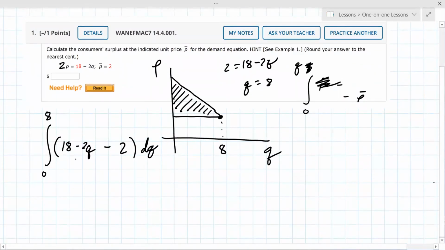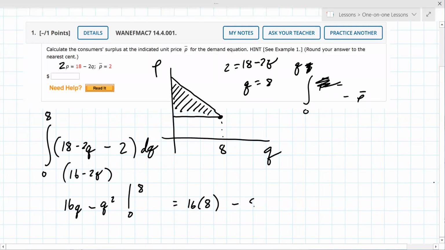So you're integrating from 0 to 8. This is really 16 minus 2q now. So that's 16q minus q squared evaluated from 0 to 8. So that's 16 times 8 minus 8 squared. So do you have a number for that?